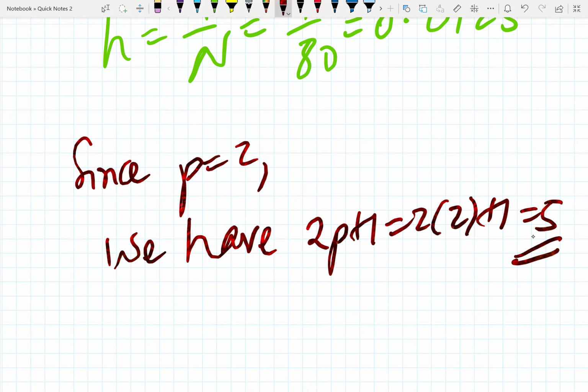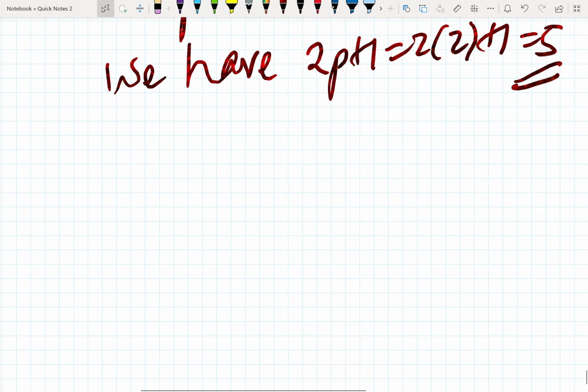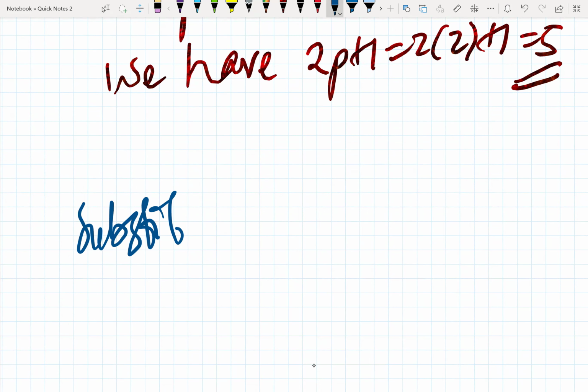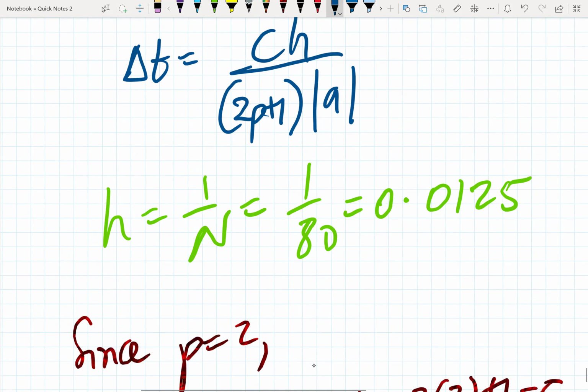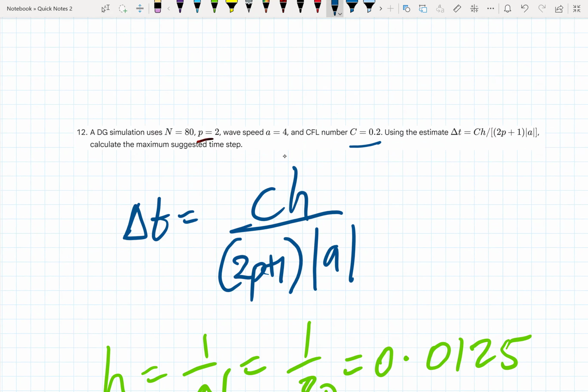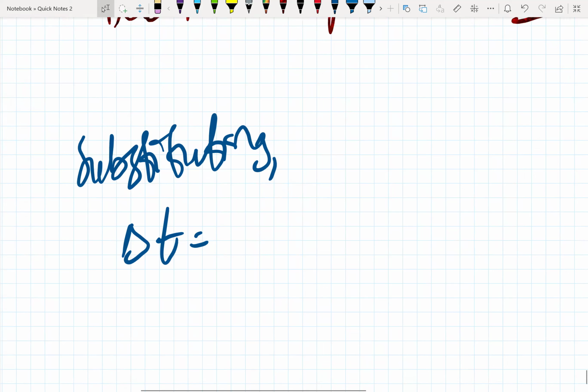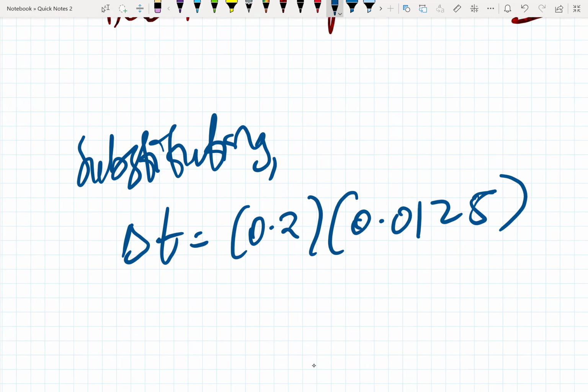So now substituting the values into delta t, we have c h. c is 0.2, and h is 0.0125. So that is 0.2 times 0.0125, all over 5 times 4.